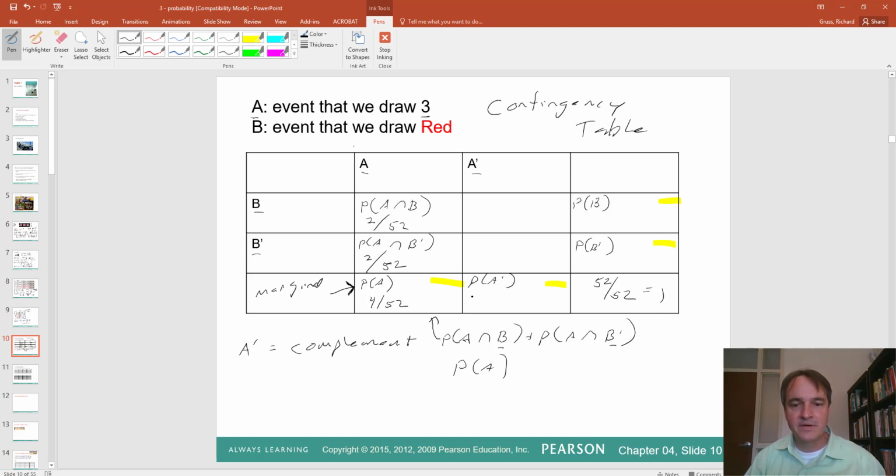So the probability of a not 3 then is going to be 48 out of 52. Okay, and now these sum up to 52.